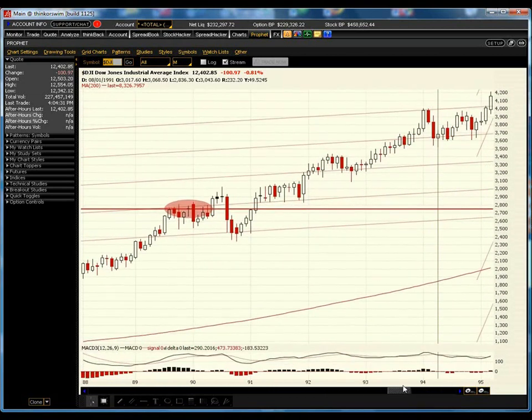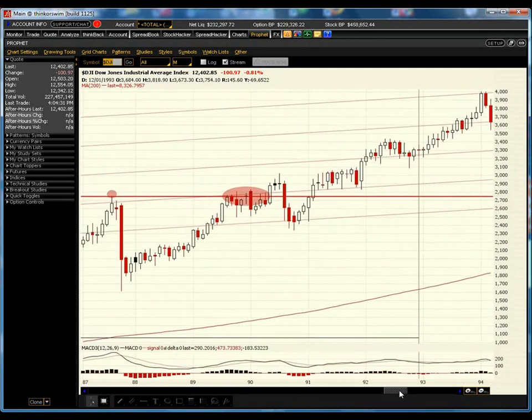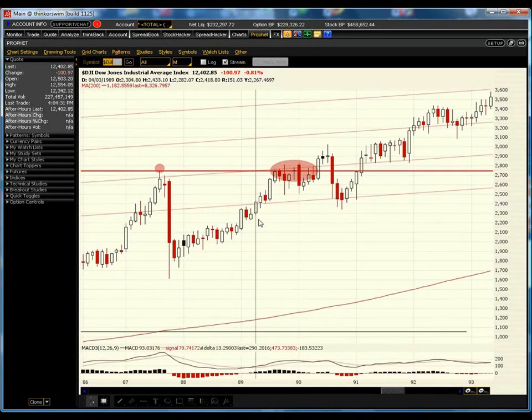So just about every time a resistance point is hit, when this came up, we didn't know this was a resistance point. We only knew it was a resistance point when the market sold off from it.